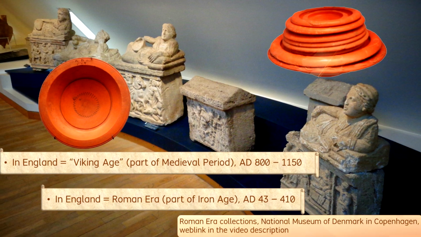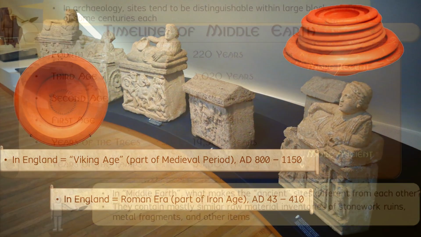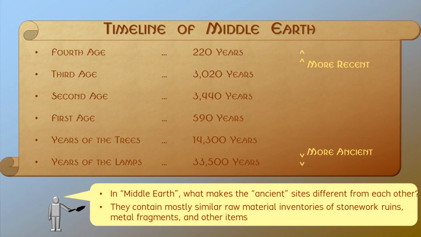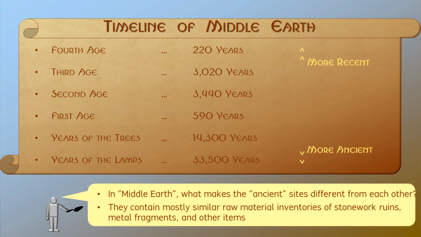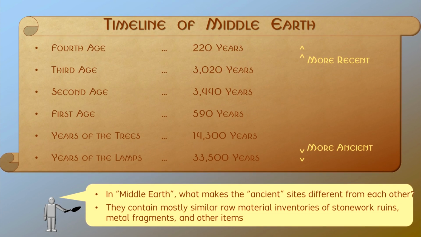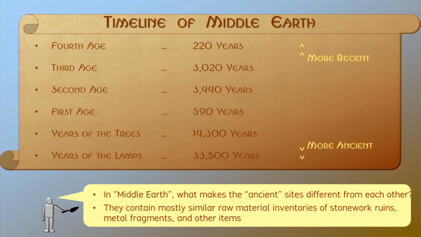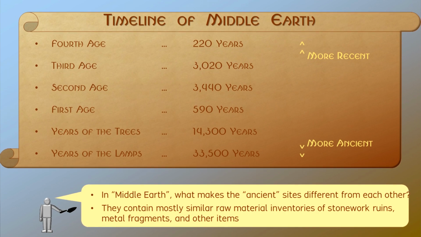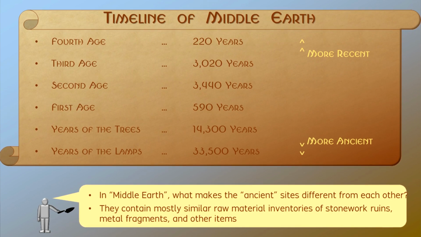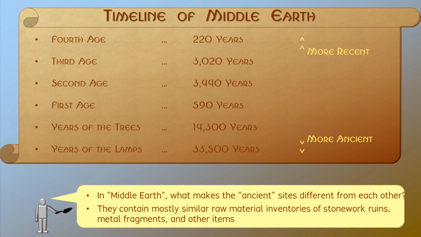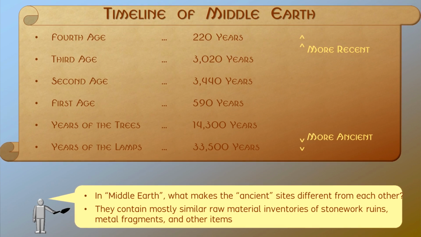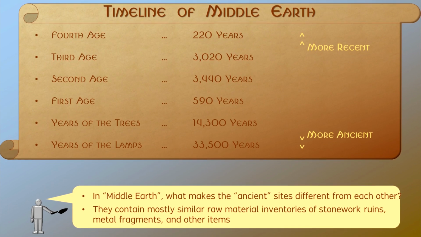In Tolkien's Middle-earth, an archaeologist might discover much the same inventory of stonework architecture, iron tools, weapons, and other remnants in time periods separated by hundreds or maybe thousands of years, especially for the time span of Tolkien's First Age through Fourth Age.